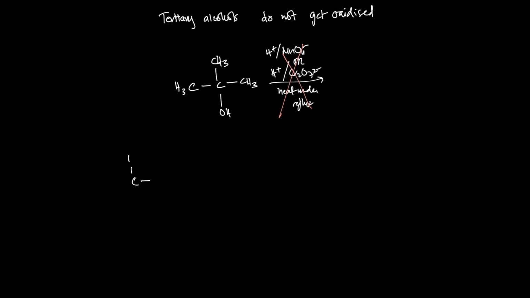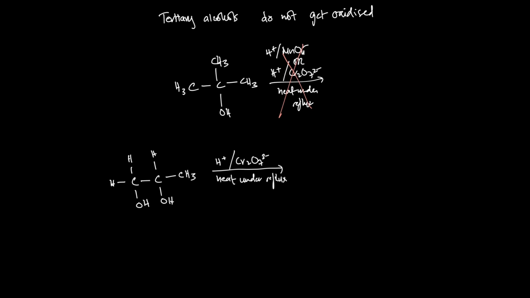Now let's say that I have a compound like this, and I take this compound and react it first with acidified dichromate, and I heat under reflux.